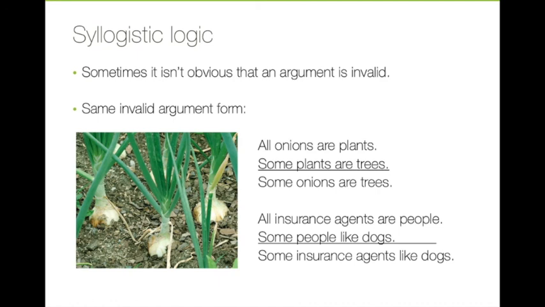True. Some insurance agents like dogs. Seems pretty likely to be true. The problem is that that conclusion doesn't follow from those premises. So that argument might seem plausible unless you evaluate the form. And that's why looking at the form of an argument can be so helpful. Sometimes it isn't immediately obvious that an argument is bad.